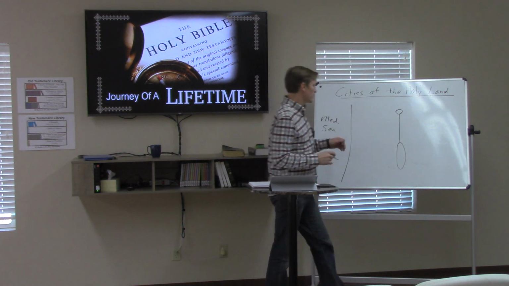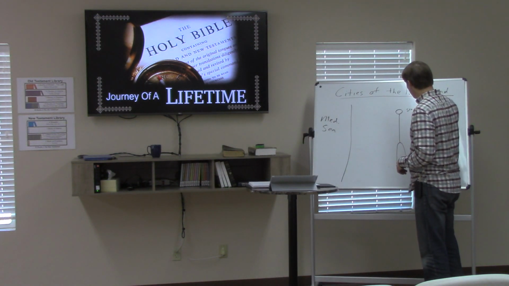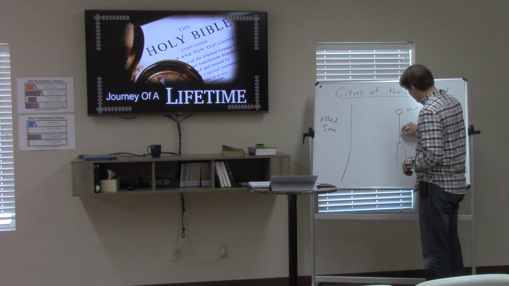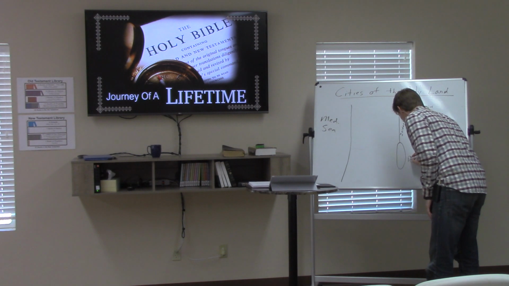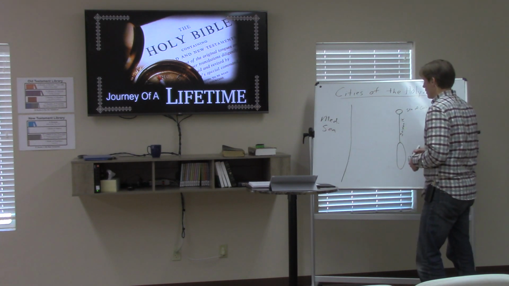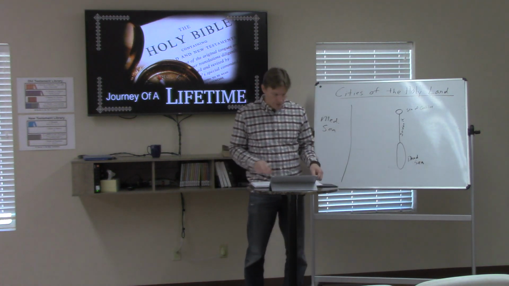And of course, this upper circle, if you'll remember our last map test, is the Sea of Galilee. This of course is the Jordan River. And this, of course, is the Dead Sea. That gives us our bodies of water, which we learned on our previous exam.